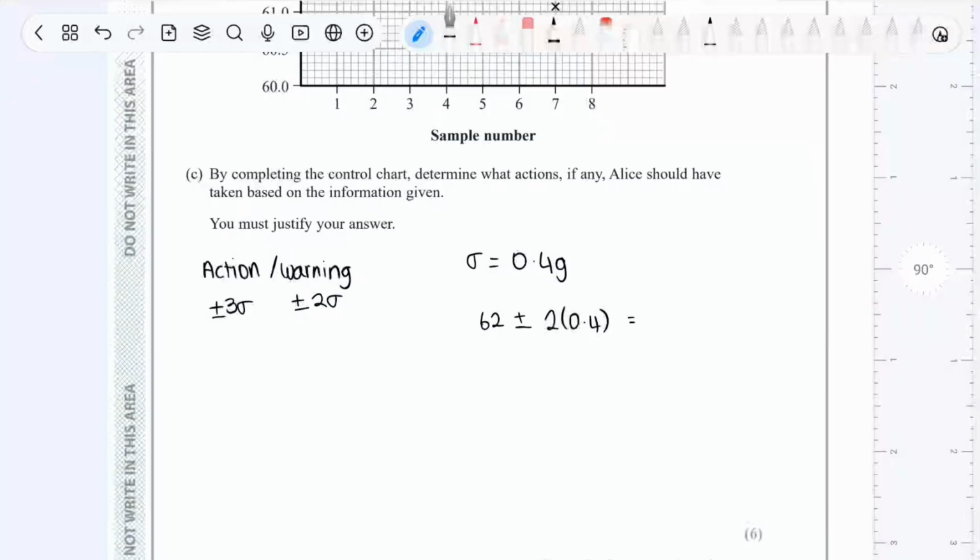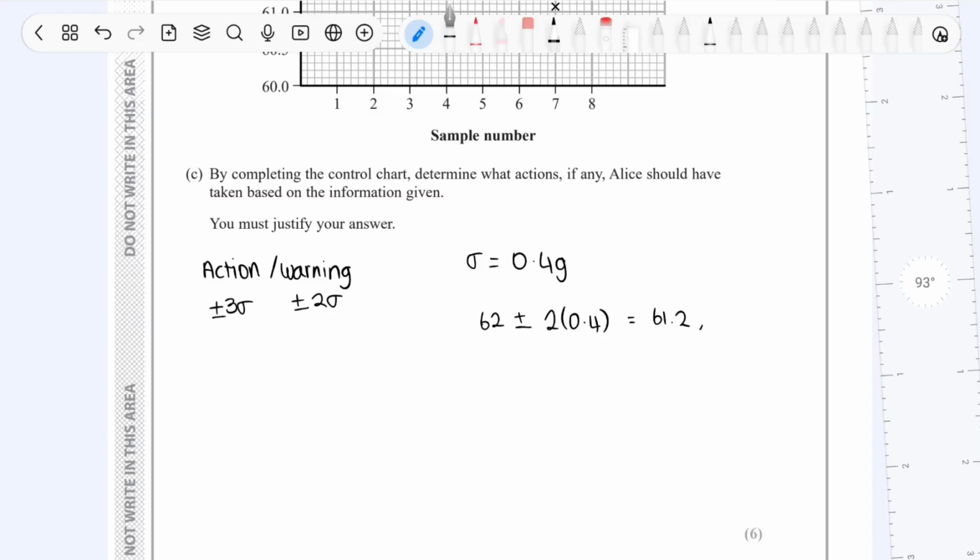For our lower limit, 62 minus 2 lots of 0.4, we get 61.2. And for our upper limit, where you have to add the 2 lots of 0.4, we get 62.8.